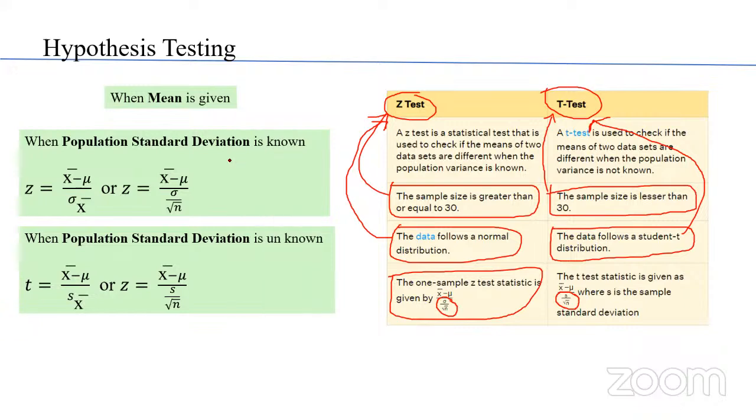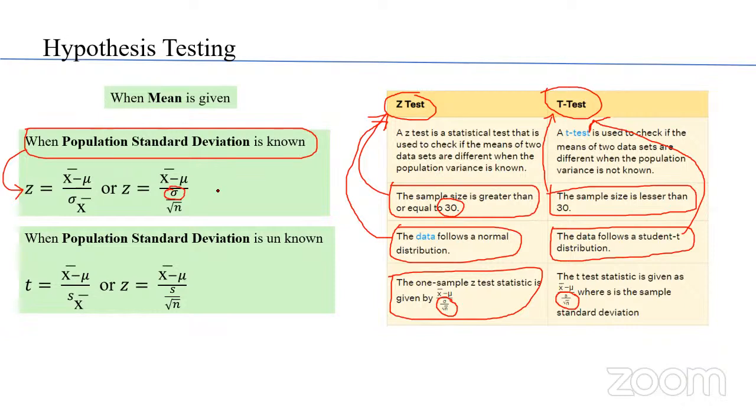And how do you identify which should be used? Based on sample size, you can make out whether it is less than 30 or more than 30. And when the population standard deviation is given or known in the question, then we'll use Z-test. This is the differentiating factor.